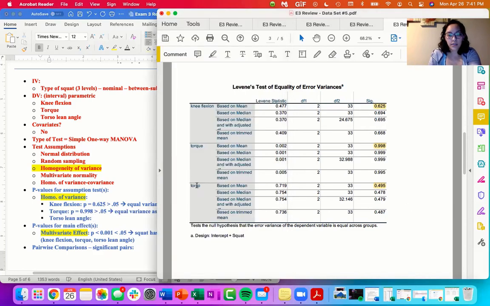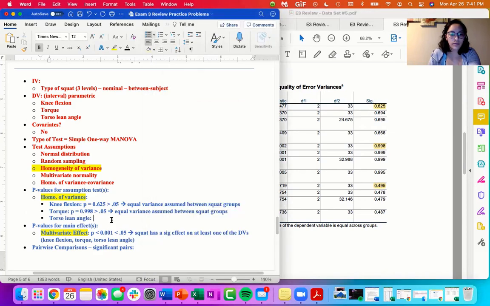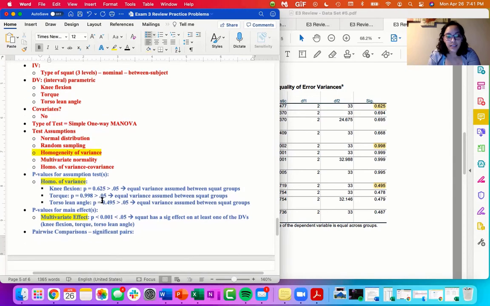And then our torso lean angle has a p of 0.495, which is also greater than 0.05. So we can also come to the same conclusion. All right, we've met our assumptions across the board. Yay!